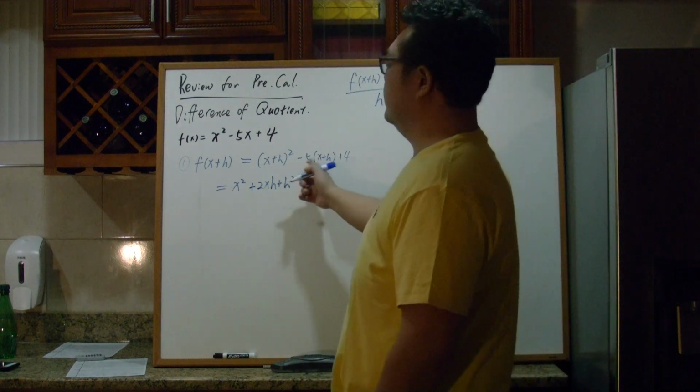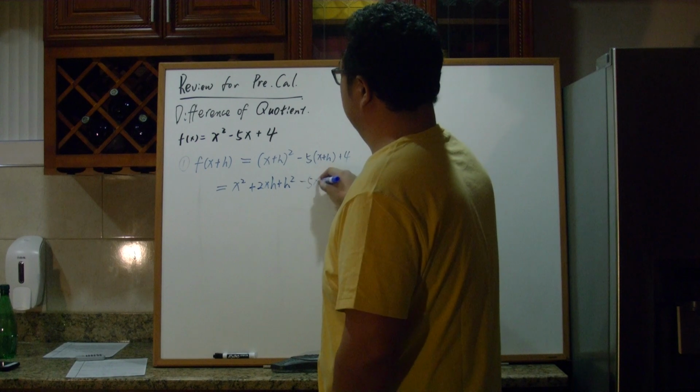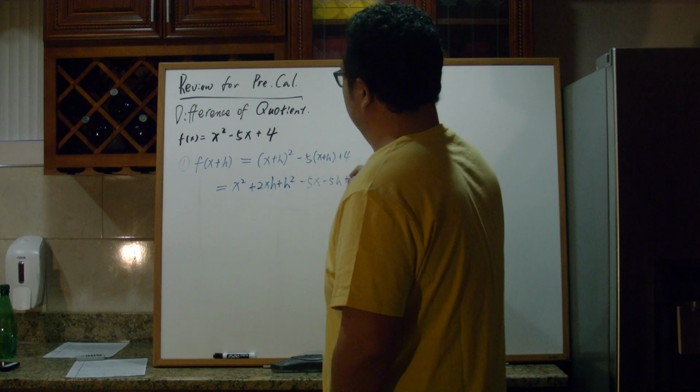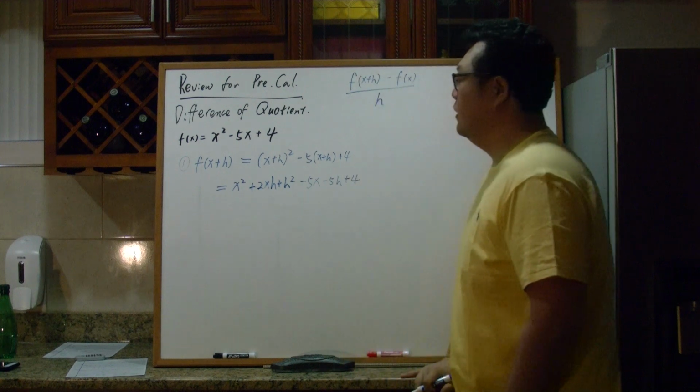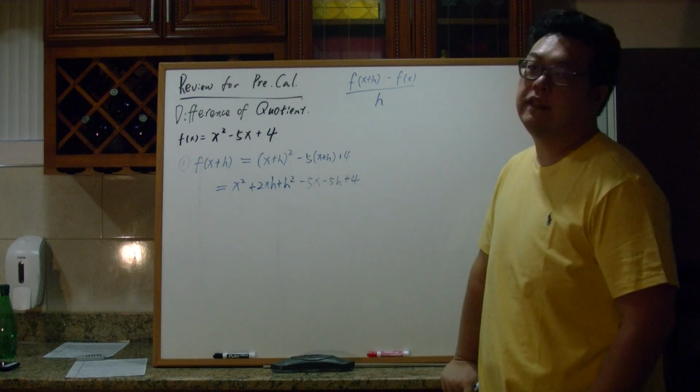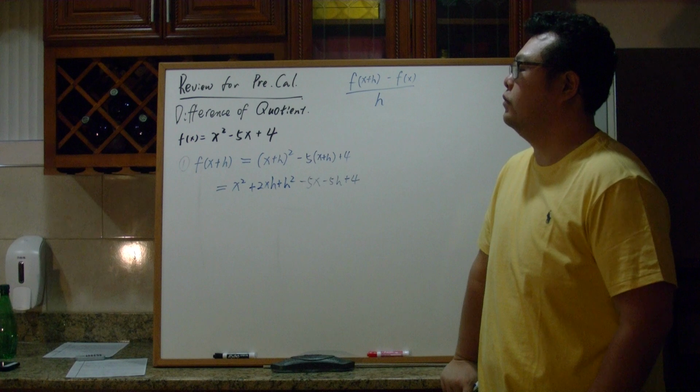And then distribute the second part, minus 5x minus 5h plus 4. That is the first step, to write out what f of x plus h is.